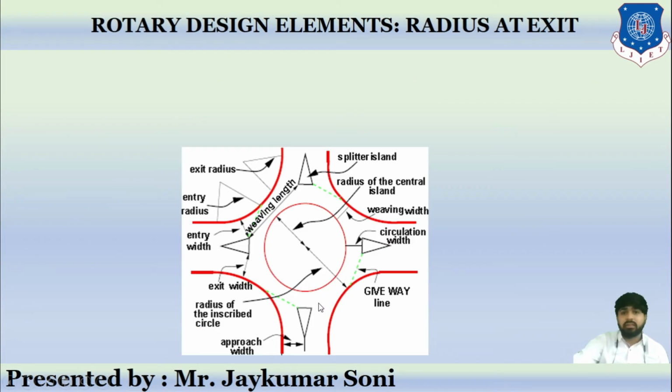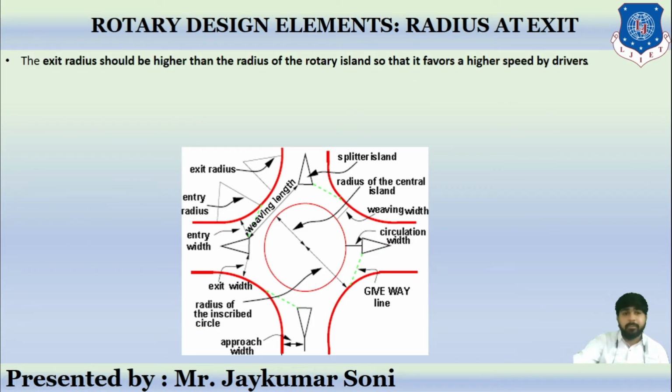Then comes the thing about radius at exit. See, the exit radius should be higher than the radius of the rotary island. Why? So that it can favor high speed by the driver. The drivers can move out of the rotary zone with high speed.